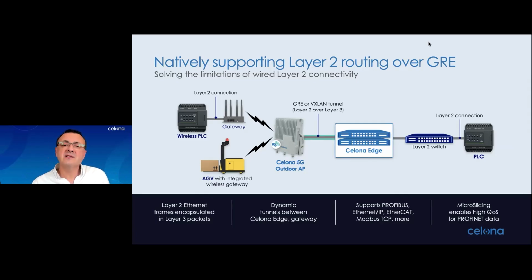In this architecture, the gateway near the industrial device encapsulates the traffic and sends it over the secure tunnel over private 5G, and on the other end, Celona Edge terminates that tunnel and presents the traffic into the enterprise network. And from the perspective of PLCs and controllers, nothing changes. Both ends of the PLCs on both sides, they still see a trusted transport layer.